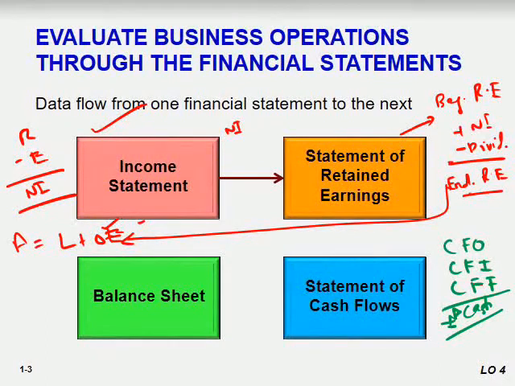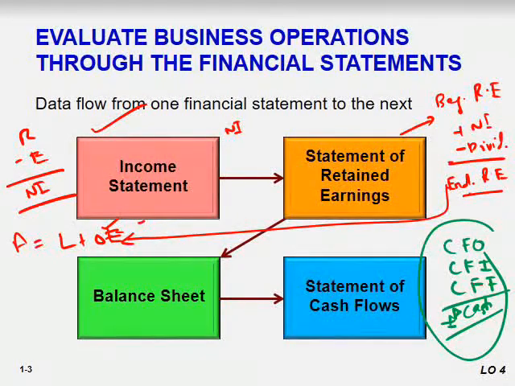This is how the information flows, and at the end you can make your statement of cash flows, showing how much cash you actually generated. Maybe you are earning a very heavy profit, but you don't have the cash. We'll see in our coming lectures what we mean by accrual accounting and cash accounting. So this is the concept of accrual accounting.